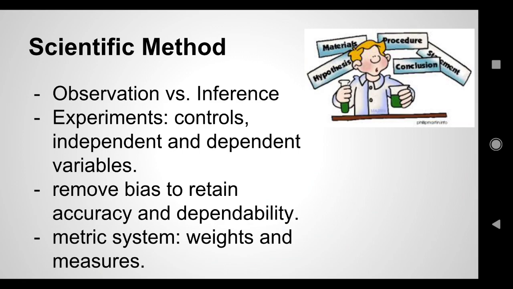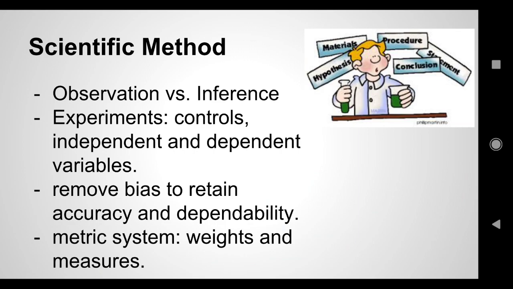So for an observation, we're talking about using your senses to either visualize or witness something that is taking place. So it might be using vision, the sense of sight, or it could be touch, it could be the sense of smell, description of a texture, or it could be the sensation of feeling heat, things like that. Something has taken place.